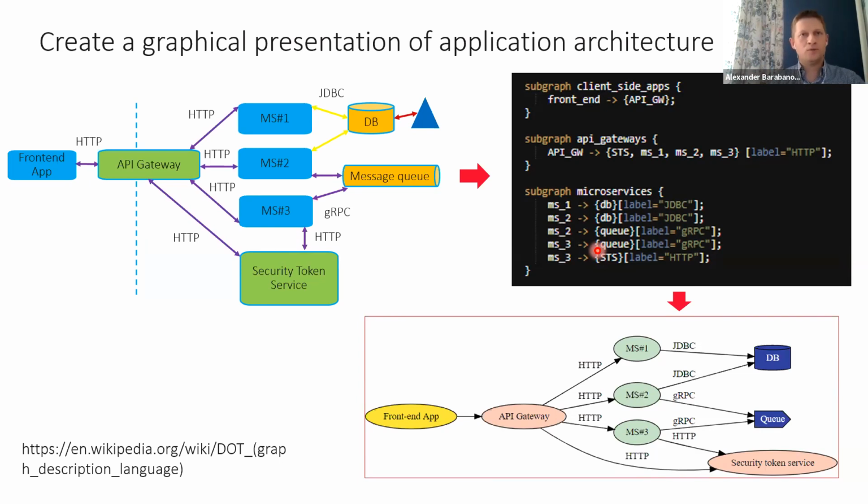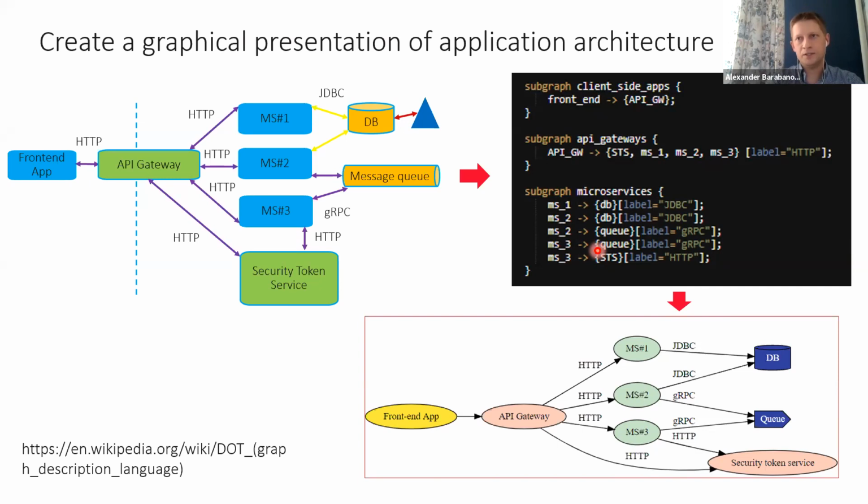It is also advisable to create a graphical presentation of application architecture, building blocks and relations defined above. And in order to do that, you can use a special software, for example, Enterprise Architect. You may use Paint, you may use PowerPoint, but it is more advisable to follow architecture as a code approach and to use some language in order to describe your architecture.